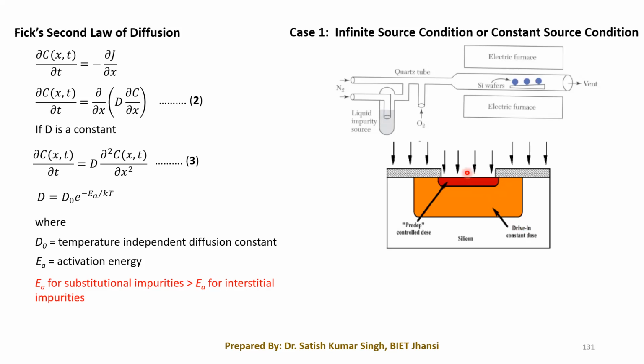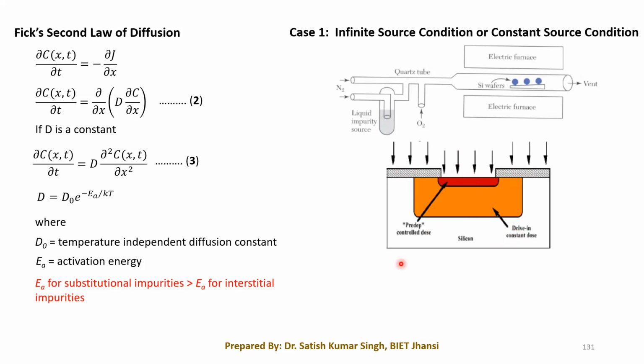The only difference is that the profile initially has a very large concentration of the doped impurities, and after performing the drive-in step, this concentration will become less because it will diffuse further, deep inside the material. So the total amount of impurity remains constant, but the concentration changes.